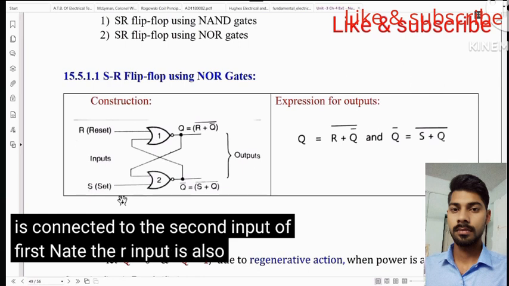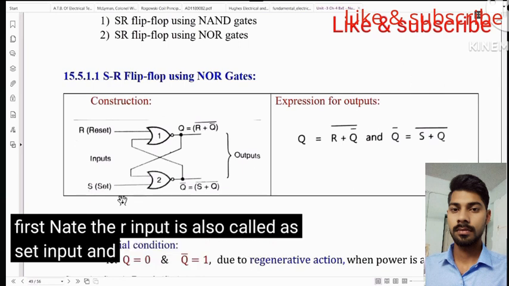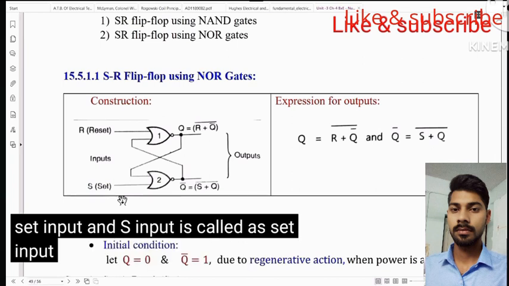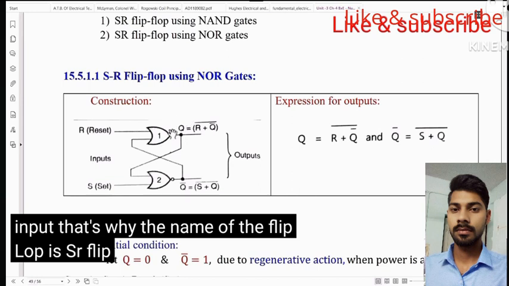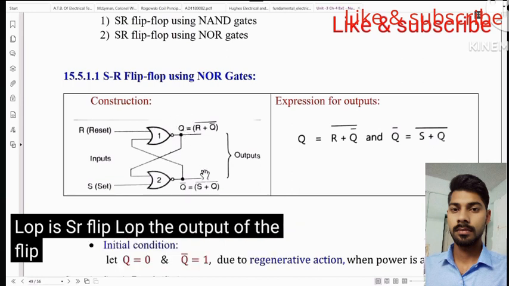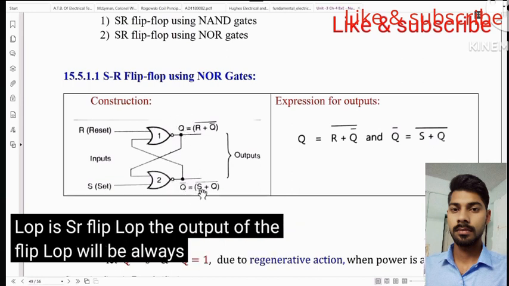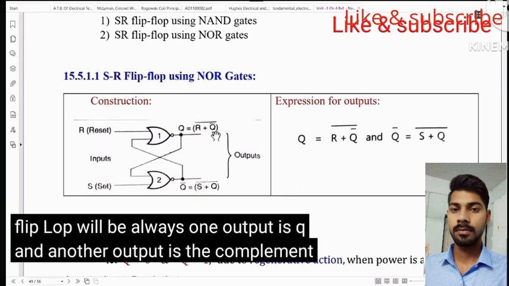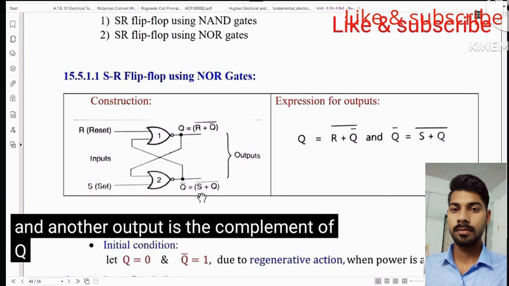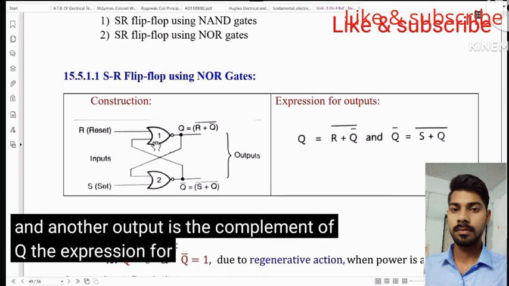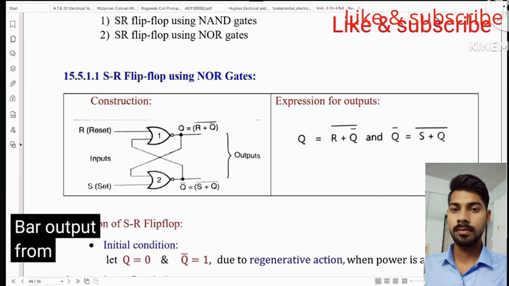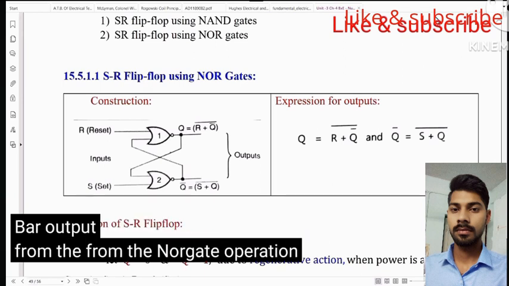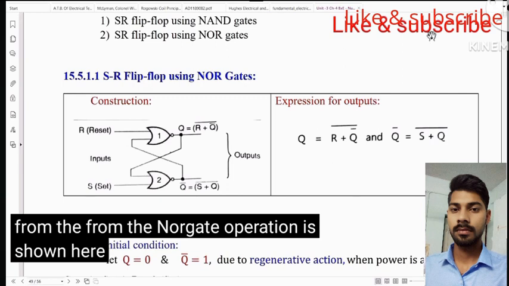The R input is also called reset input and the S input is called set input. That's why the name of the flip-flop is SR flip-flop. The outputs of the flip-flop will always be one output Q and another output the complement of Q. The expressions for this Q output and Q bar output from the NOR gate operation are shown here.